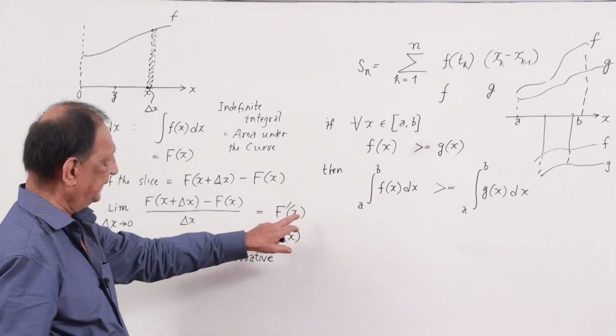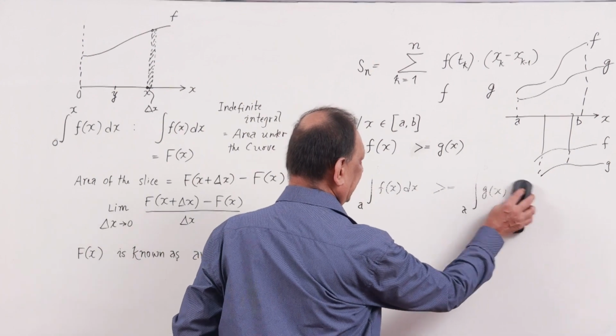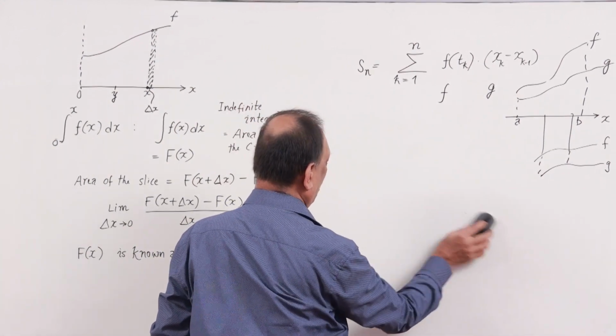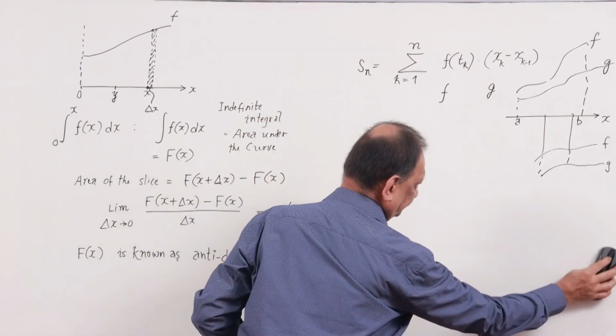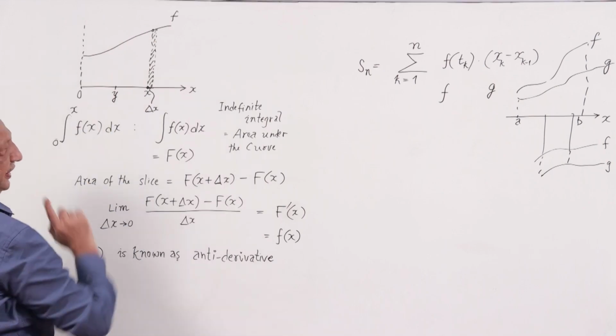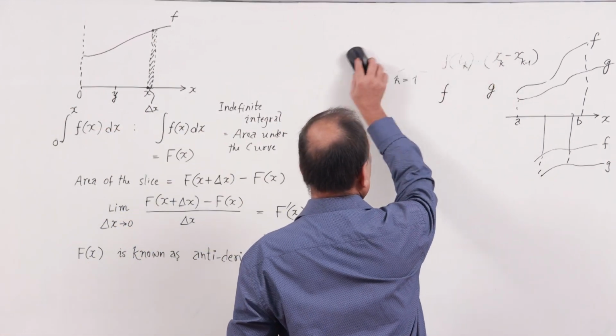Okay, if that equation is confusing, I will draw a slightly different diagram. That means we go and plot the function capital F of x itself. I had plotted f here. Supposing I go and plot the function capital F, that is the area function.